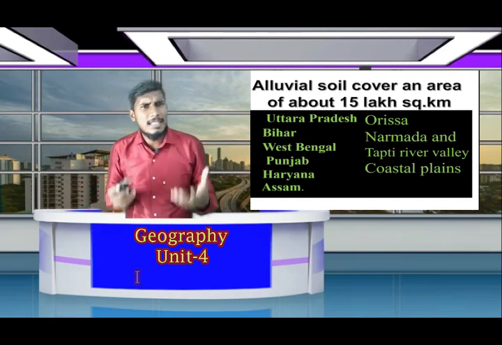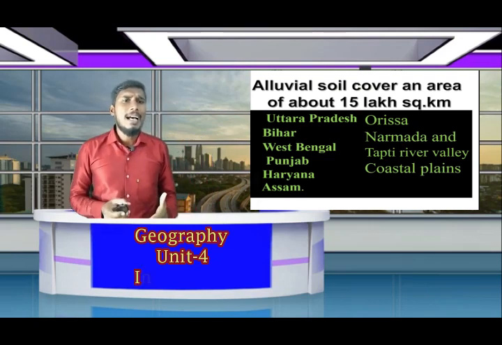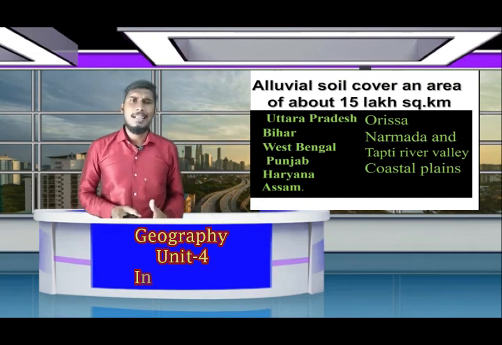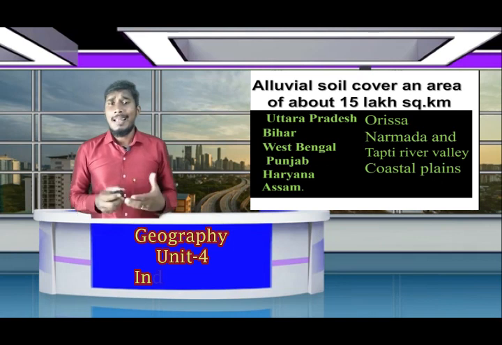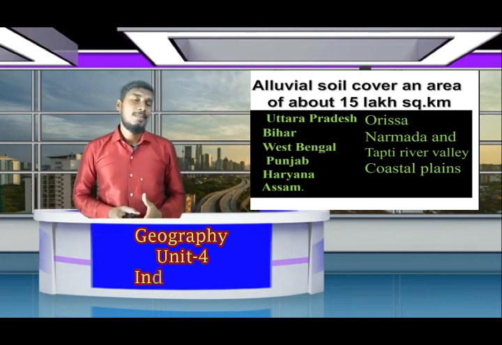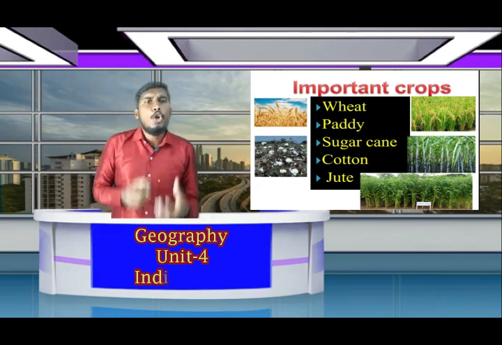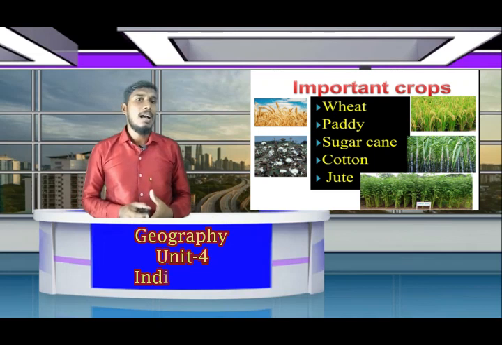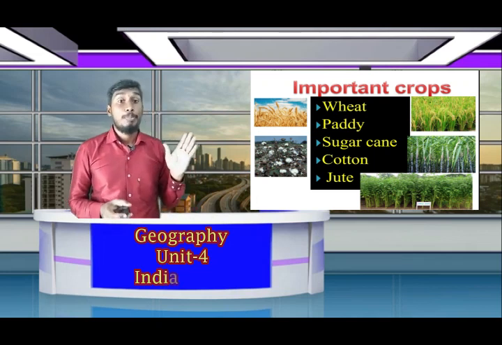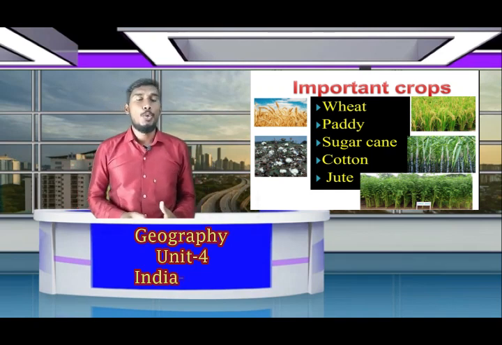It can be found in Uttar Pradesh, Bihar, West Bengal, Punjab, Haryana, Assam, Odisha, Narmada and Tapti river valleys, and coastal plains. The important crops grown in these areas are wheat, paddy, sugarcane, cotton, and jute.